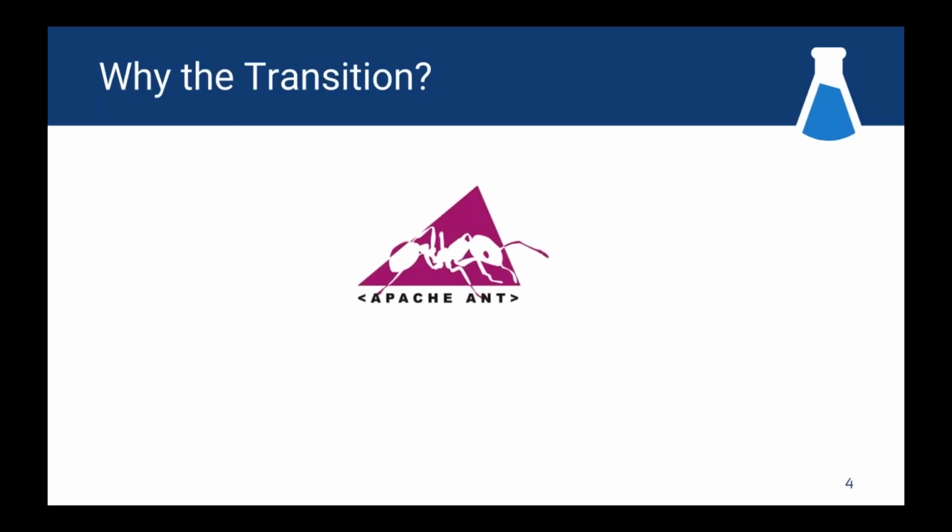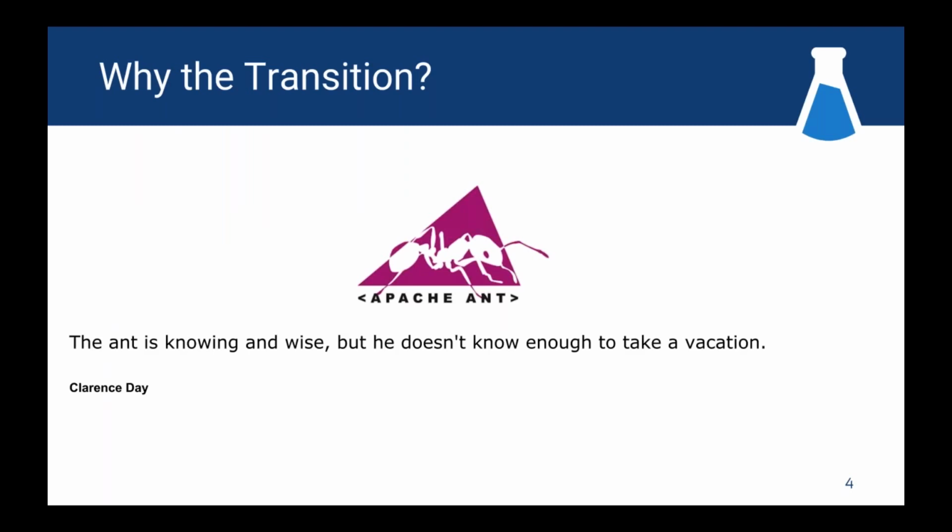So why did we choose to transition? Ant has been serving us well over the past 10+ years, but as you may have heard, the Ant is knowing and wise, but he doesn't know enough to take a vacation, or more importantly for us, it doesn't know enough to handle your dependencies. That's a long-winded way of saying that we have outgrown Ant as the LabKey structure has become more complex.